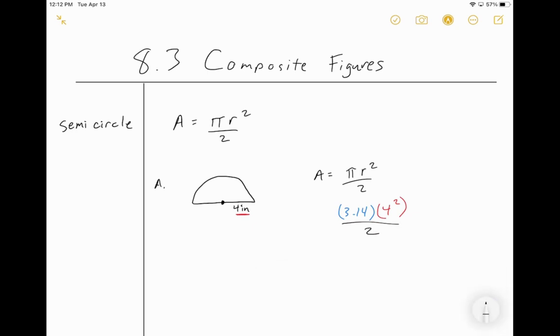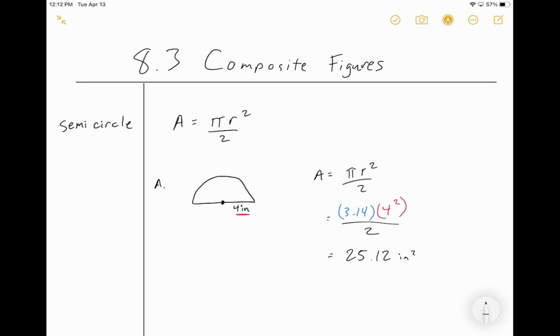You can do that all in your calculator in one step. You don't even have to press equals until the very end. You can do 3.14 times 4 squared, or 4 times 4, and divide it by 2, and you'll get your answer, which is 25.12 inches squared.